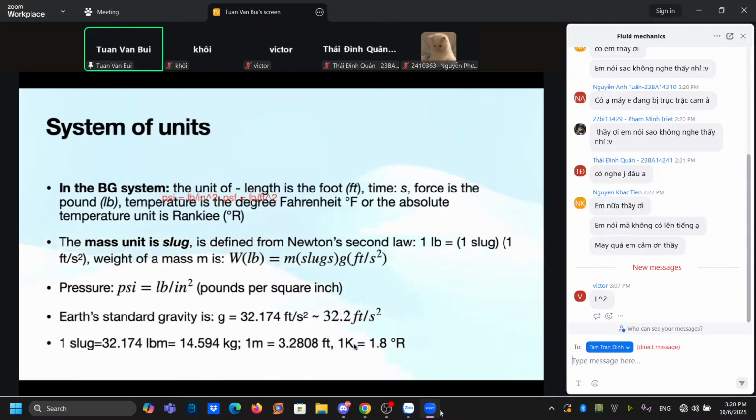And then 1 Kelvin equals 1.8 degree Rankine.